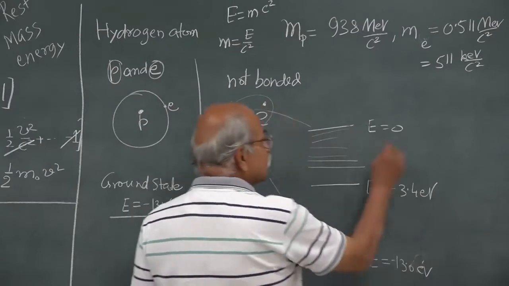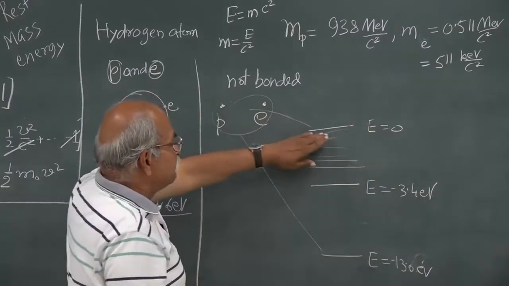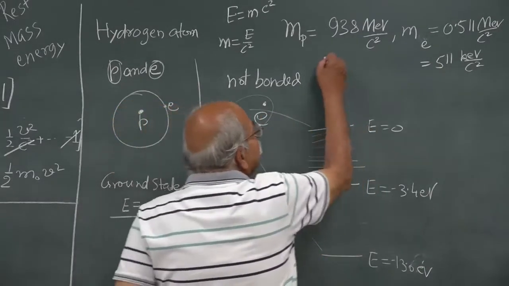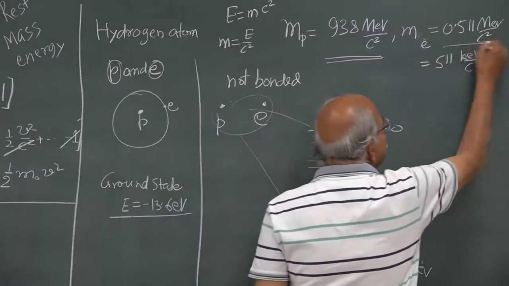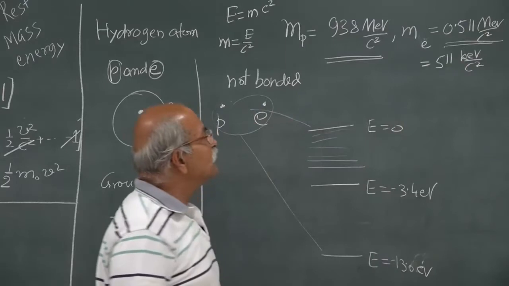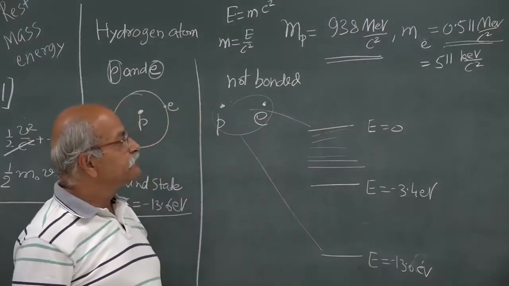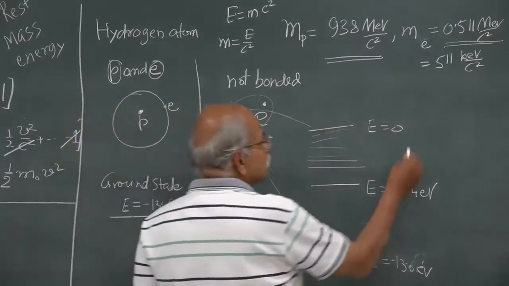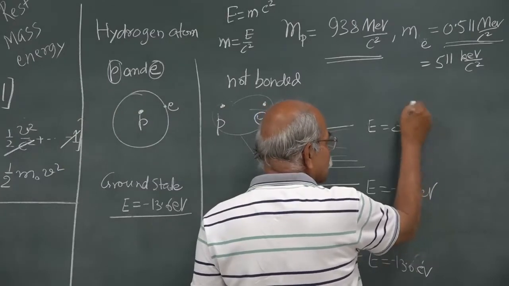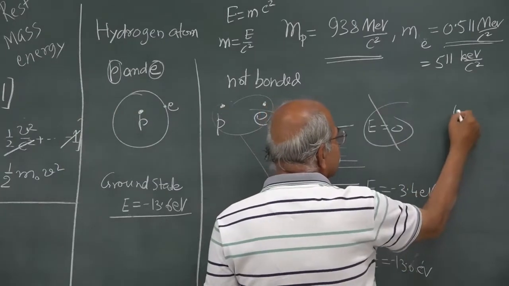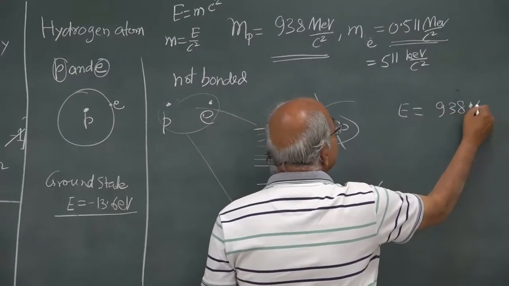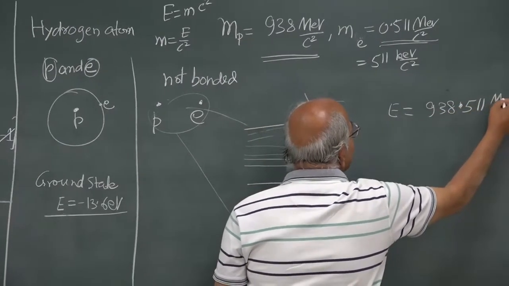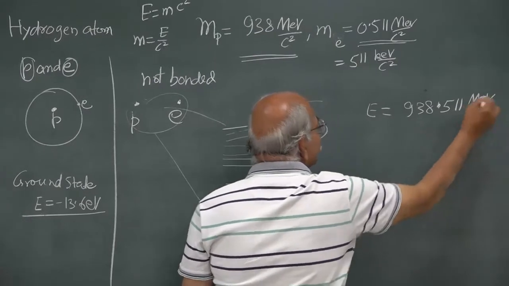So, if this energy is 938 MeV by C square plus 0.511 MeV by C square, the energy here is 938.511 MeV by C square.